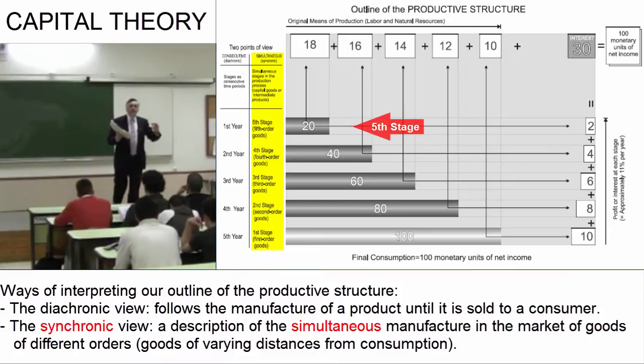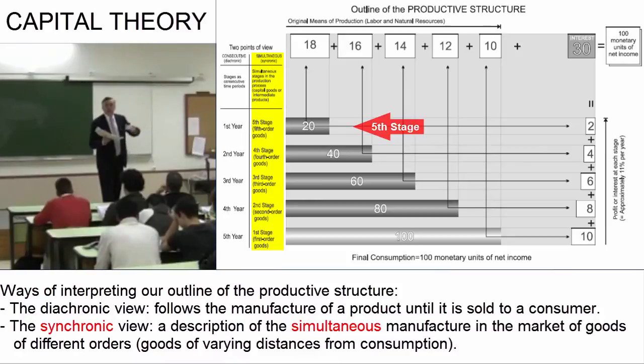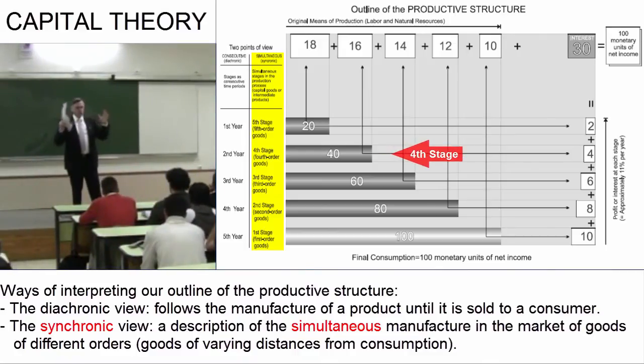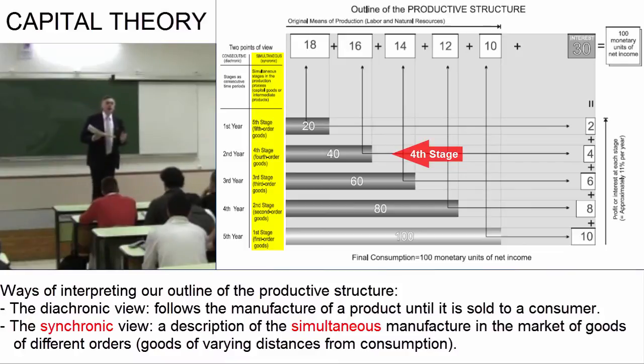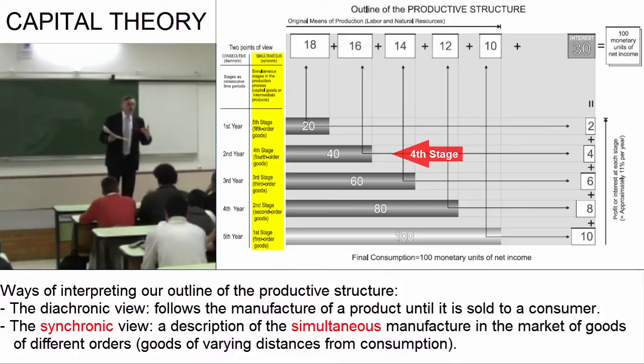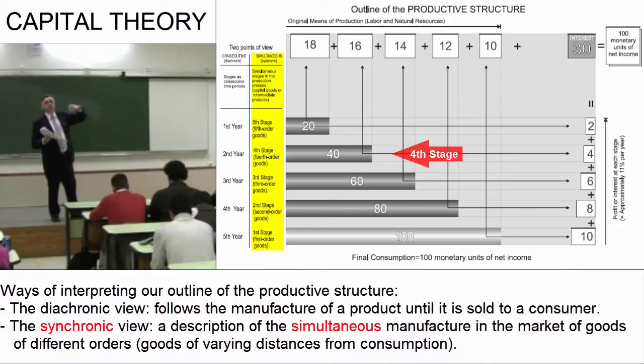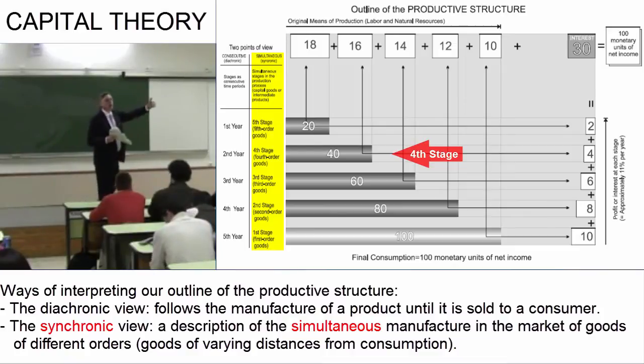If today we take a sort of snapshot of the productive structure, in synchronic terms, we see that today numerous companies are also devoted to treating the iron and converting it into steel in blast furnaces. These companies are in the 4th stage. They are producing steel which in 4 years, not 5, will materialize into something, though we do not know what. For instance, the steel might become a tower crane, or a tank, or an industrial vehicle.